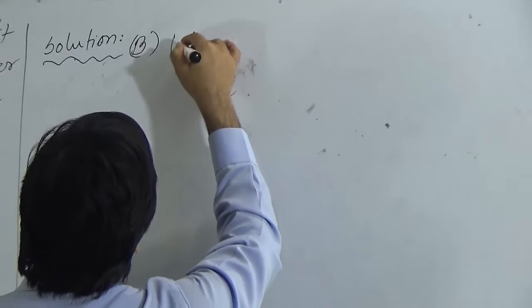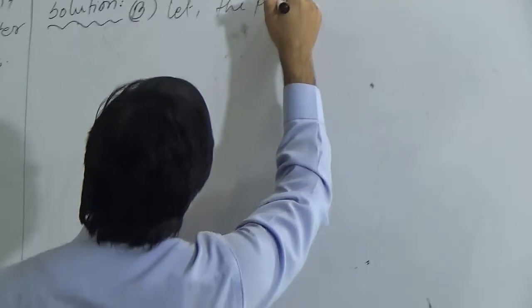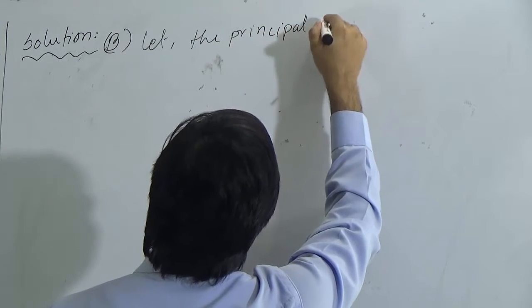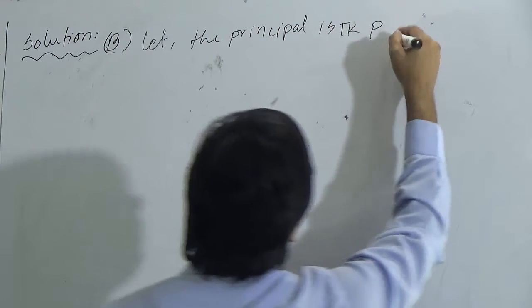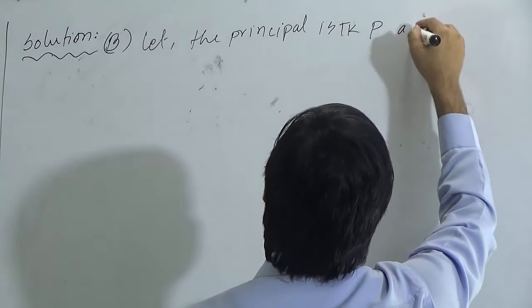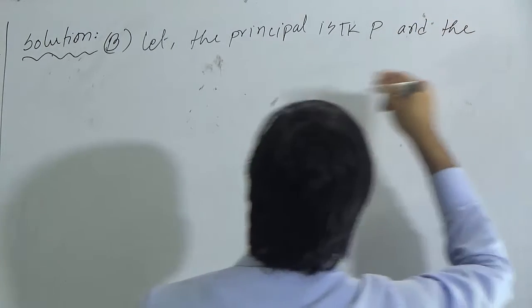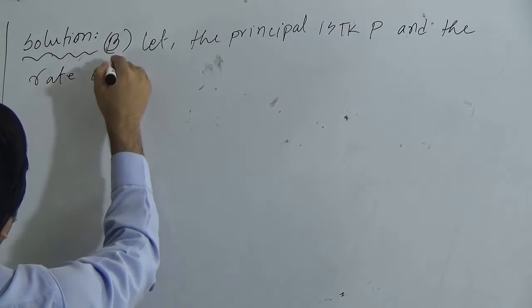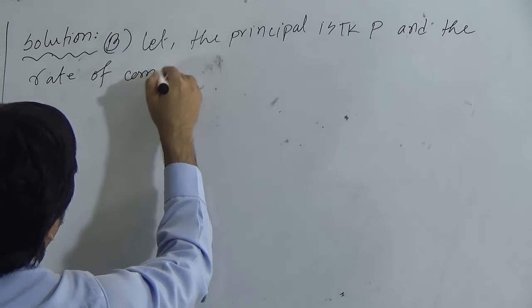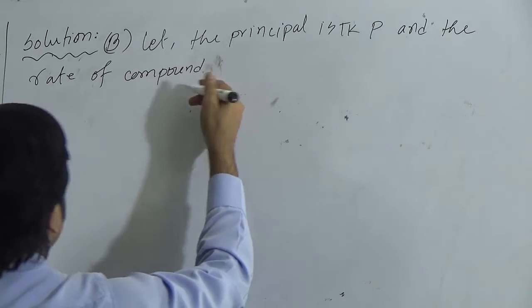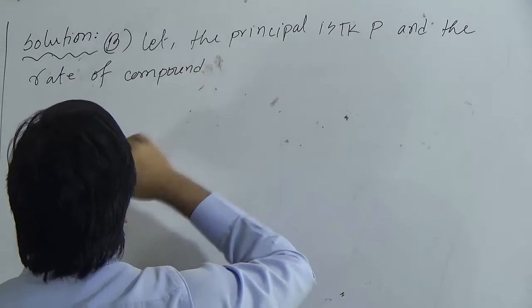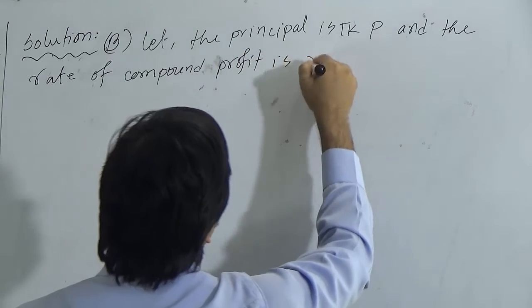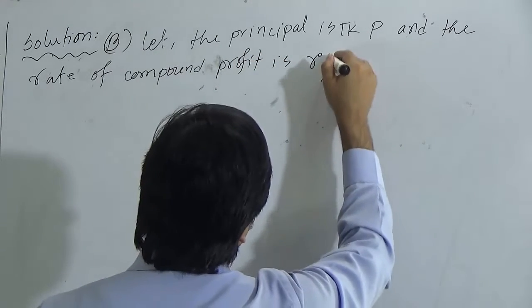Let the principal is taka P and the rate of compound profit, or the rate of profit, is R percent.